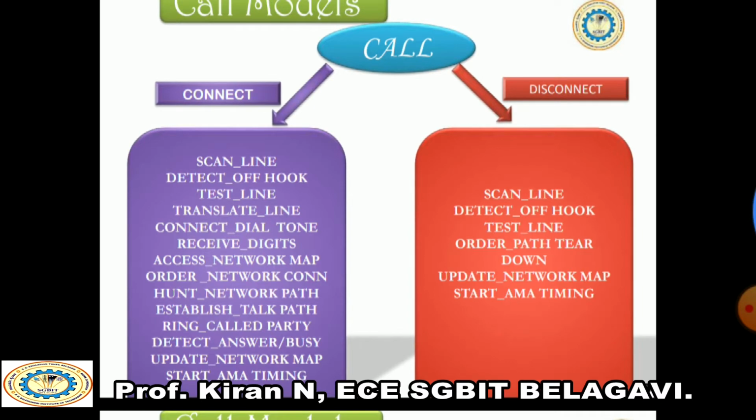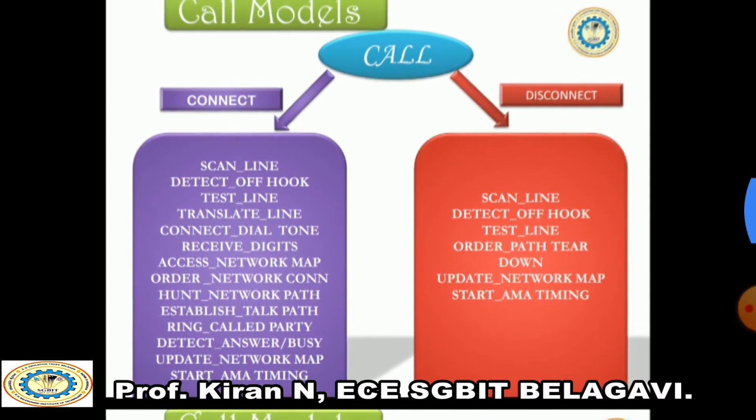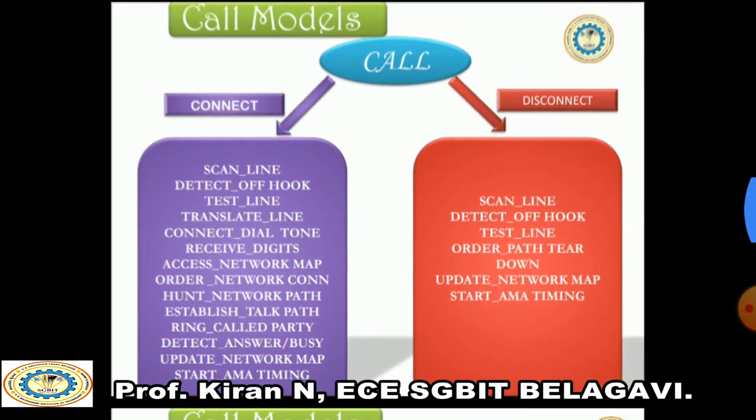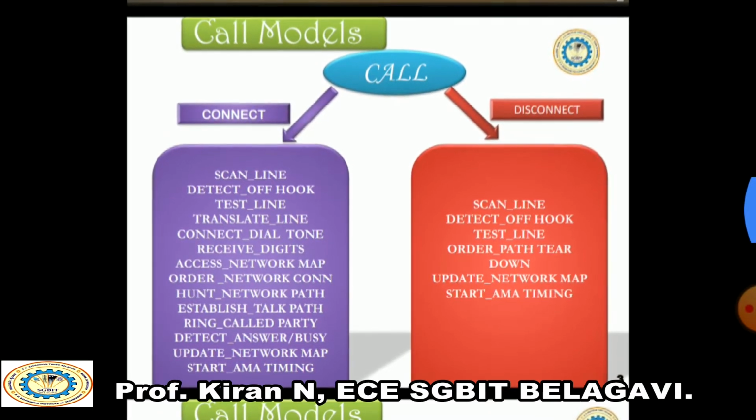In this call module we are going to see the connect sequence. So what is this connect sequence? The connect sequence is one of the functions, or activities, performed when subscriber A wants to call subscriber B. It consists of software routines that scan the line and detect the request for origination, and it also helps in informing the line scanning program that the line is now off hook.